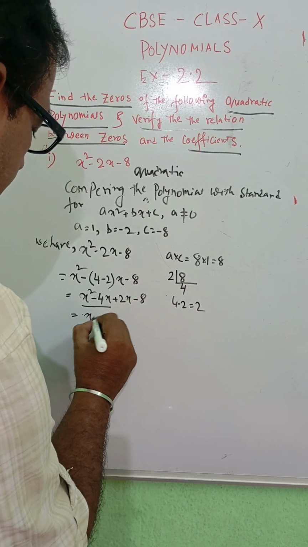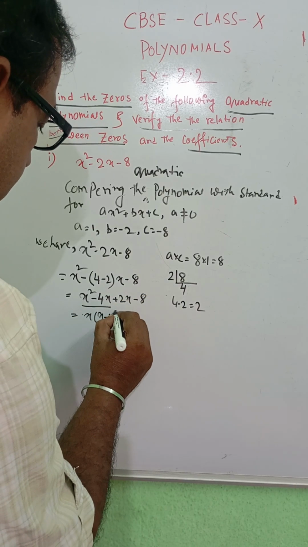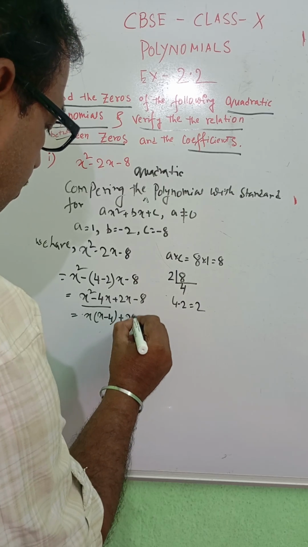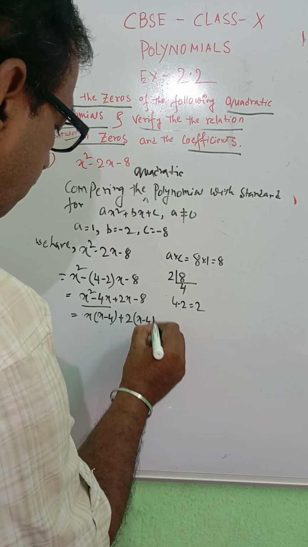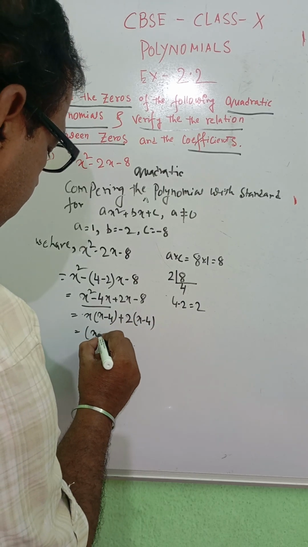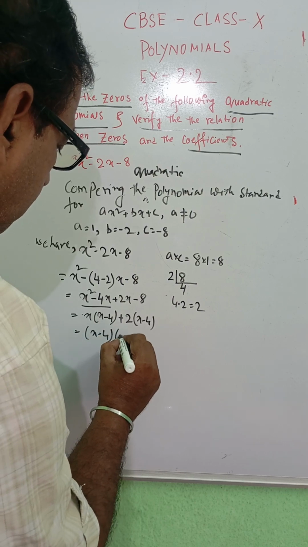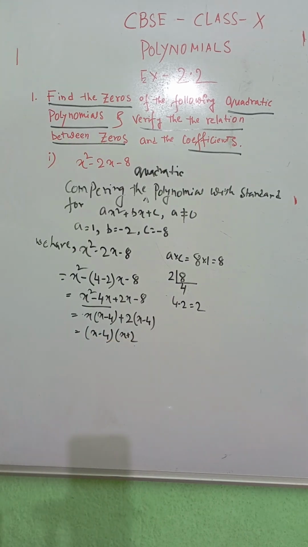Taking common, x minus 4 times x plus 2, that is x minus 4, x plus 2.